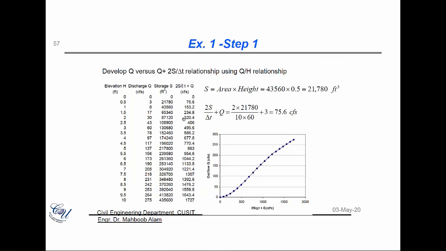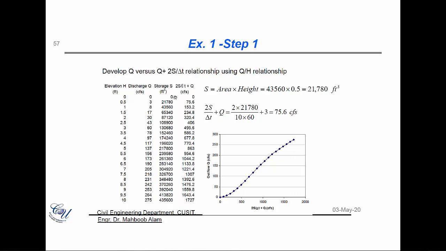So for example, if I convert acres into square feet, then I get this value, and height is given to me 0.5. So 0.5 multiplied by the area is 1 acre. 1 acre converted into square feet is this, so I'll get 21,780 cubic feet. Fine. So I'll get this value.